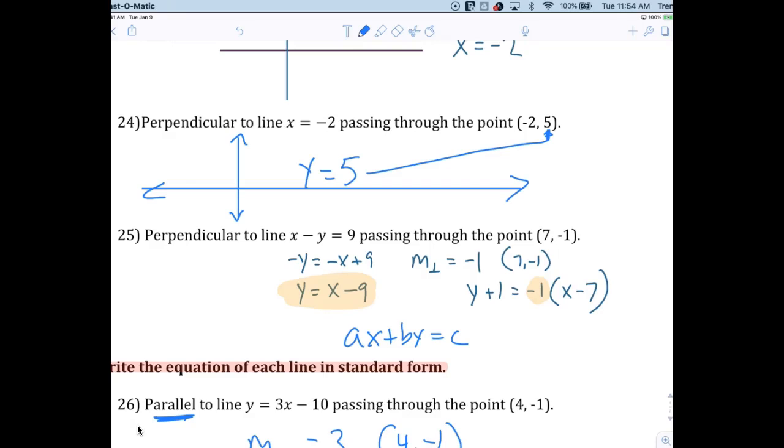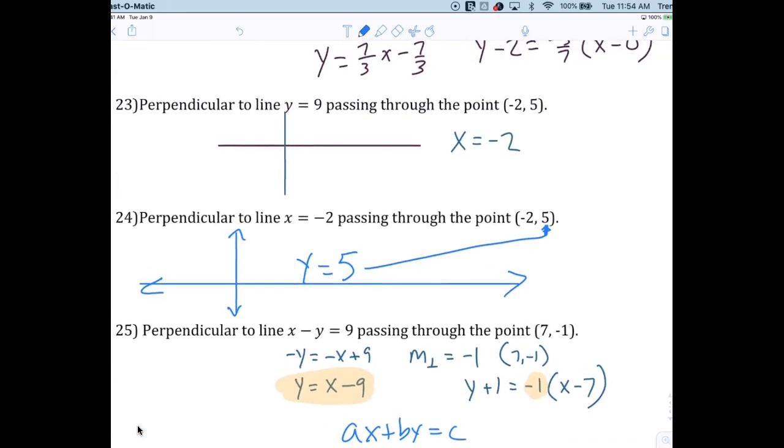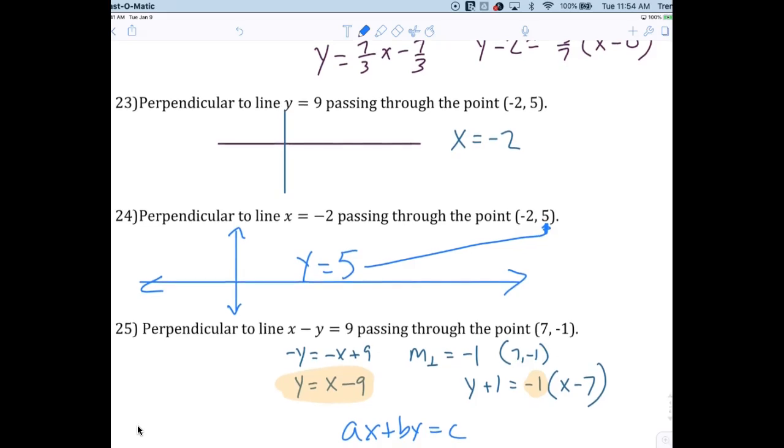Now, because you are brilliant, let's take a look at number 23. So y equals 9 is what type of line? Horizontal. Y equals 9 is a horizontal line.